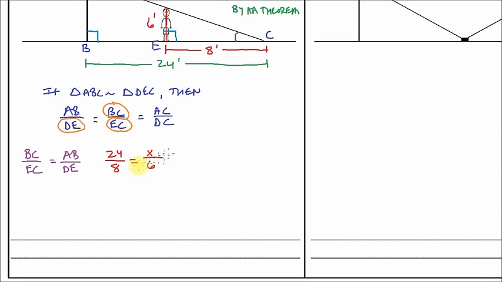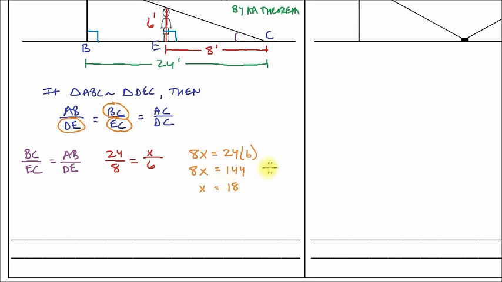Let's go ahead and cross multiply. 8 and x is 8x, and that's equal to 24 times 6. 24 times 6 is 144. Divide both sides by 8, and you get x equals 18.